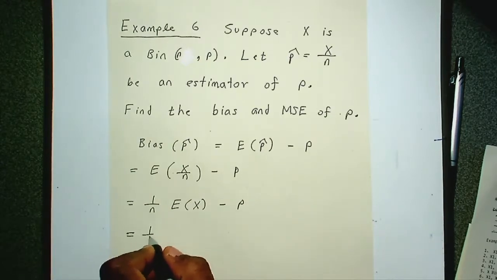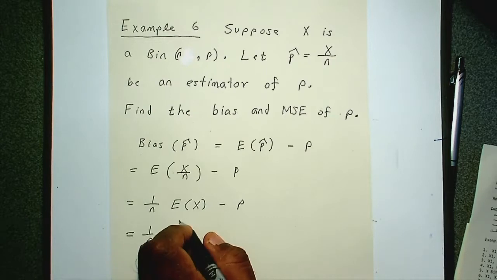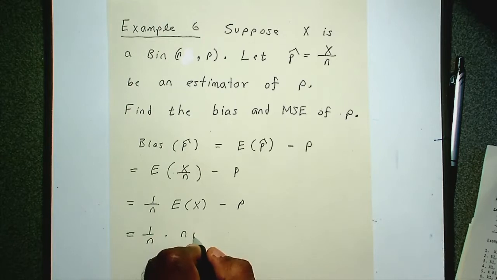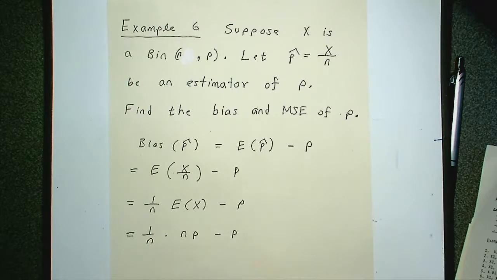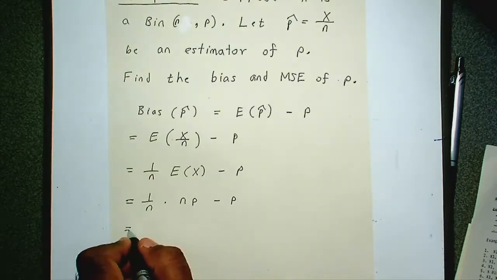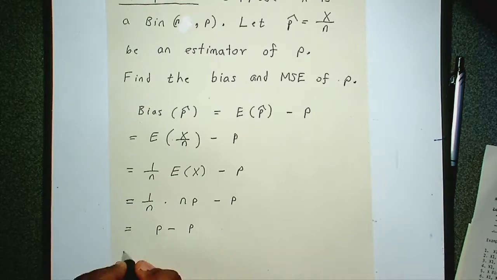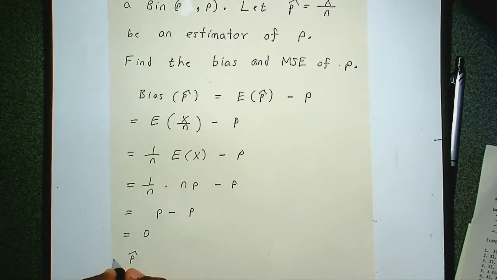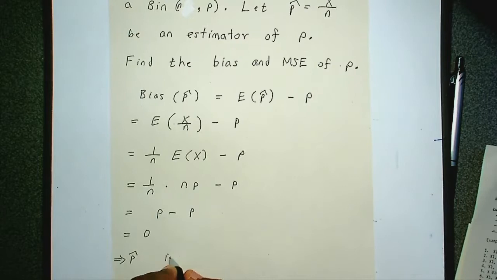Now, the expectation of a binomial is, come on guys, talk to me, n times p, minus p, right? So this is p minus p, which is 0. So p hat is an unbiased estimator.